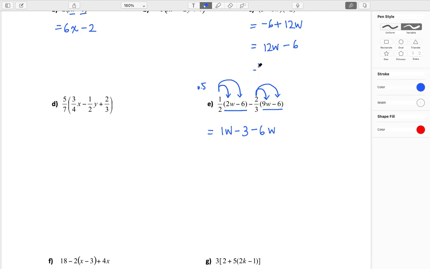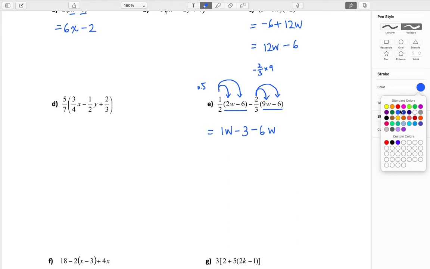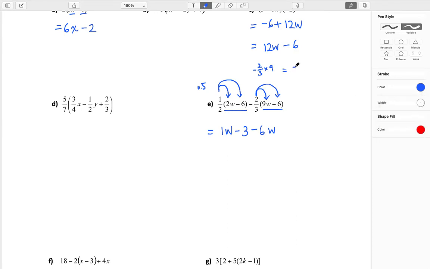So for -2/3 times 9, what you could do is -18/3, which is -6. And then -2/3 times -6 is going to give me +4.